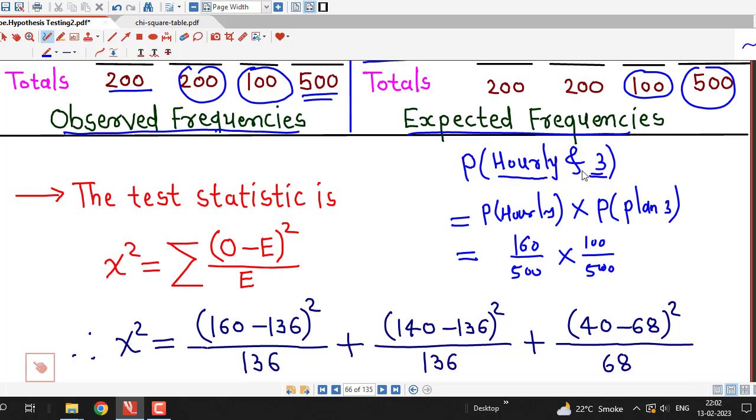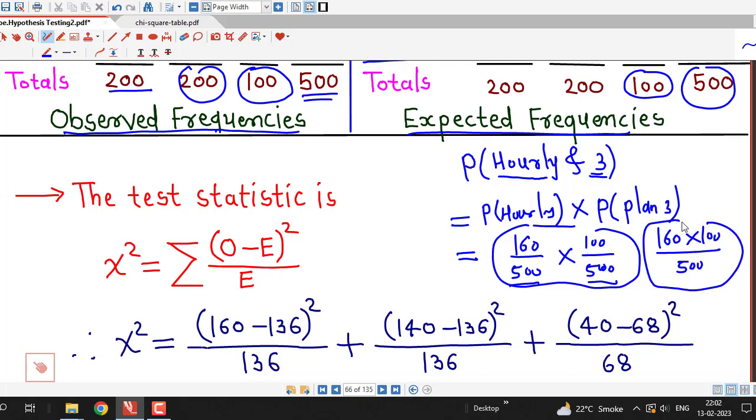So this joint probability is equal to 160 into 100 divided by 500 into 500, and if we multiply this probability by 500, we have 160 into 100 divided by 500. That is nothing but the expected number of workers who are hourly workers as well as interested in pension plan number 3.